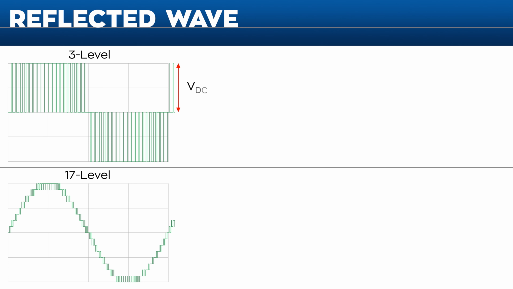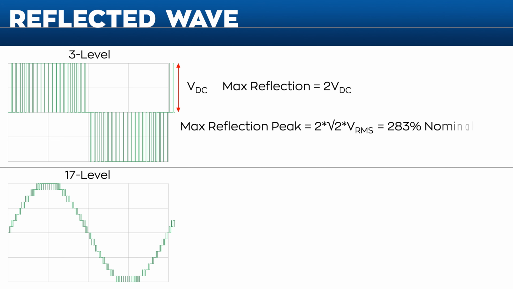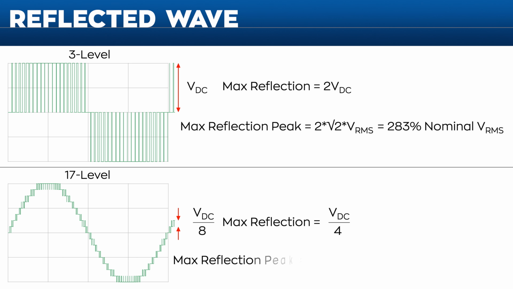On a 3-level drive, reflected wave can increase the peak voltage seen by the motor to nearly 3 times the nominal RMS supply voltage. But with a 17-level output, the maximum peak voltage seen by the motor is limited to about 160% of the nominal RMS supply voltage, well within the tolerance of standard motor insulation systems.